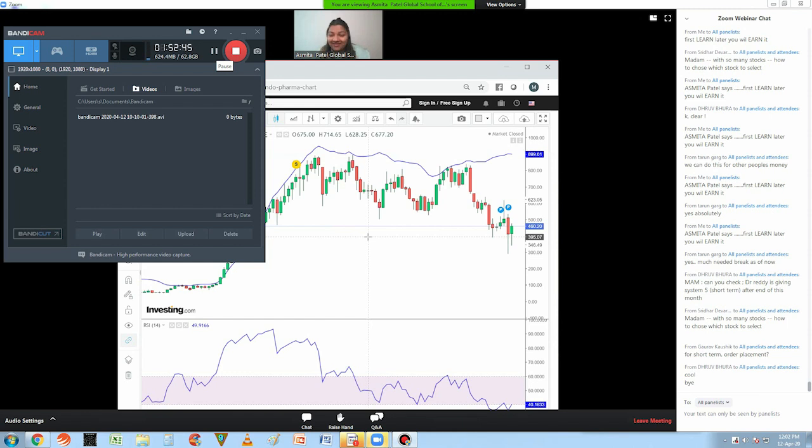Yes, Madhav, everyone clear? Rule number three. If rule number one and rule number two satisfy, then buy above the high of that monthly candle.